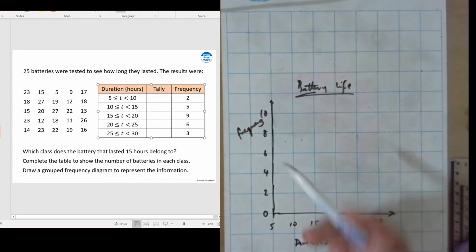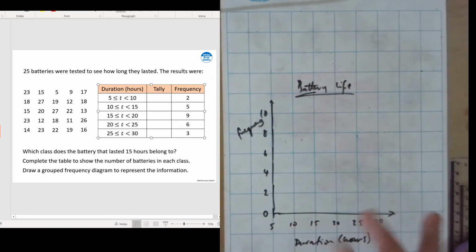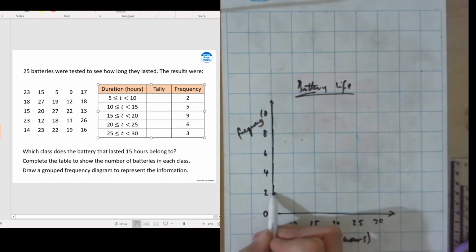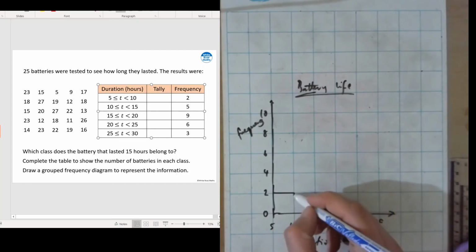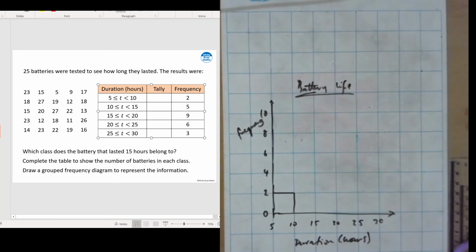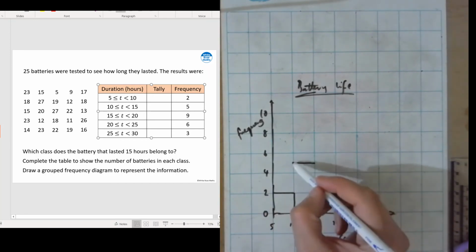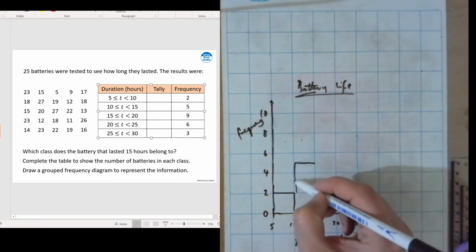So we are looking at this information. Between 5 and 10, I've got 2. So 2 is here, and between 5 and 10, it's 2. So that's my first one, right? And then for the next one, between 10 and 15, I've got 5. So there's my 10, there's my 15.